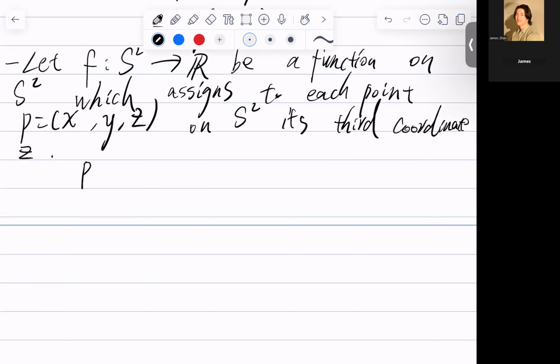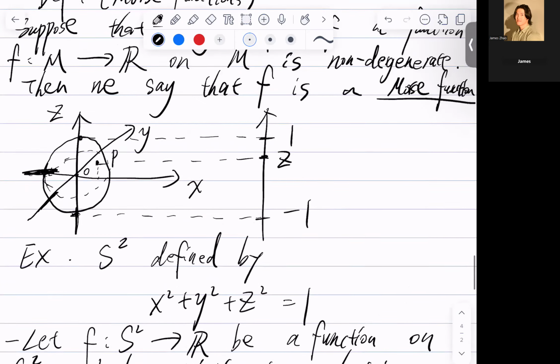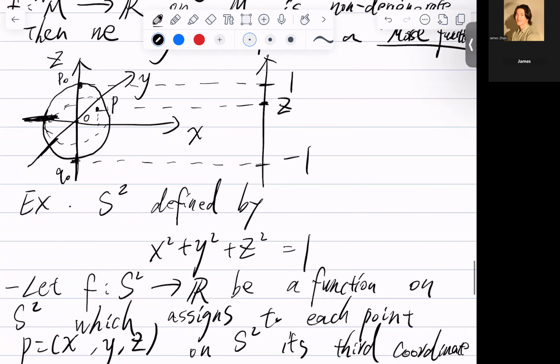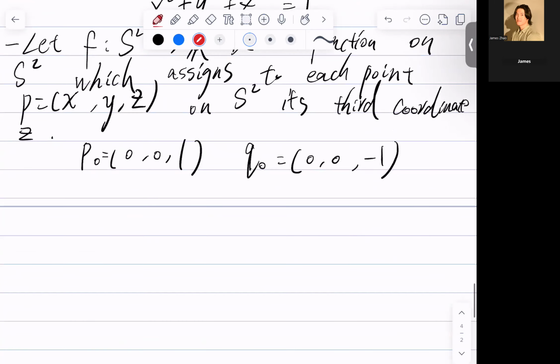So we have our P naught and Q naught, the North Pole and South Pole. Let's denote these P naught, Q naught. These two are the points, right? Great.